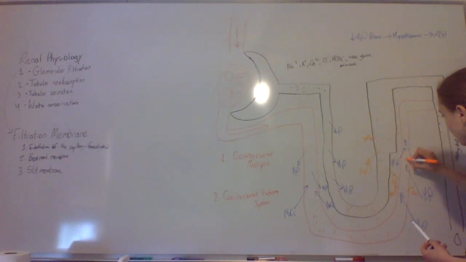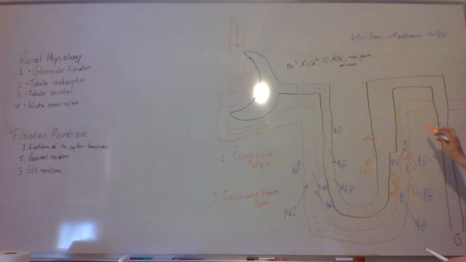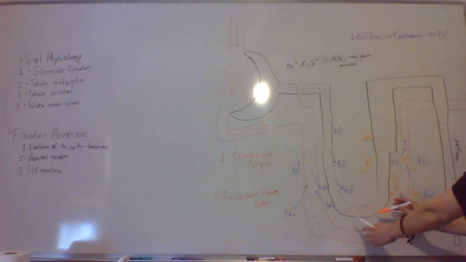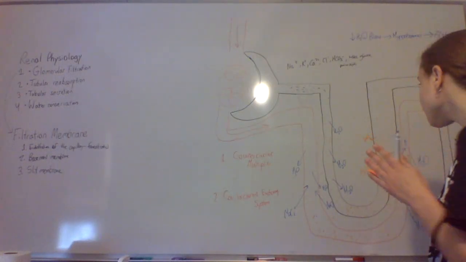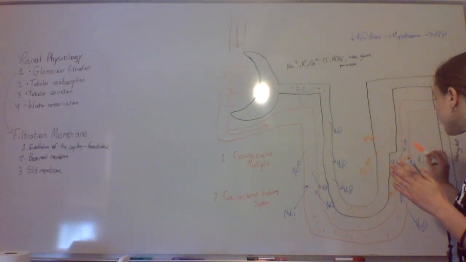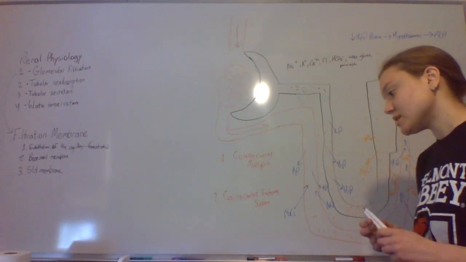So that makes the blood get increasingly less salty. So now we have the water from here reabsorbed into the blood, which we want because water is an important nutrient, and we have the NaCl leaving the blood and going back into the medulla to keep it nice and salty.